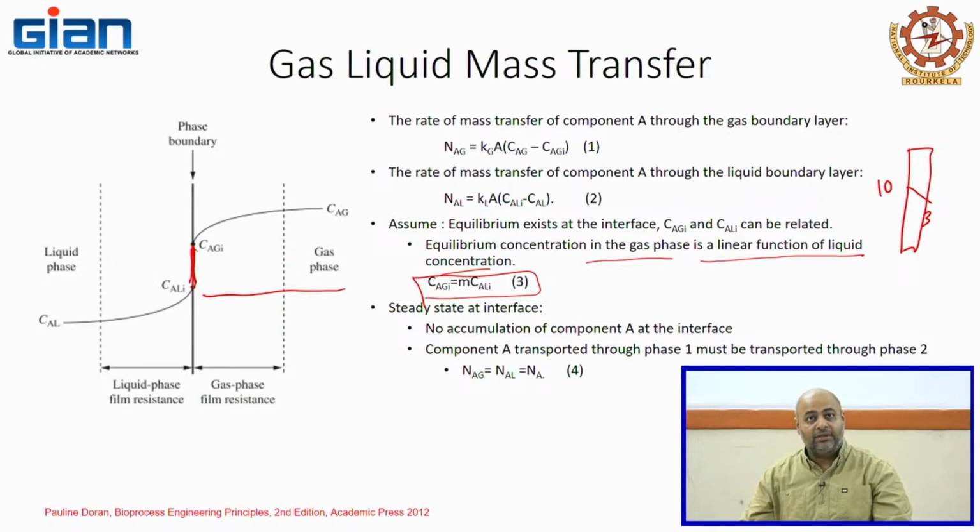These are the assumptions that you have to make. So, your NAG is equal to NAL is equal to NA, the total flux. The mass is conserved, or the flux is conserved at all times.